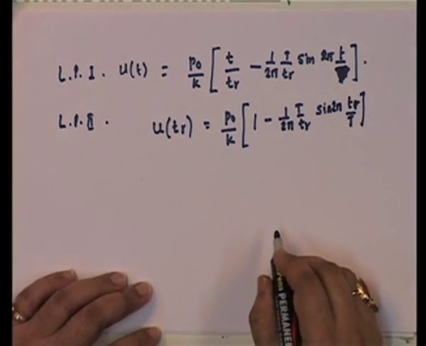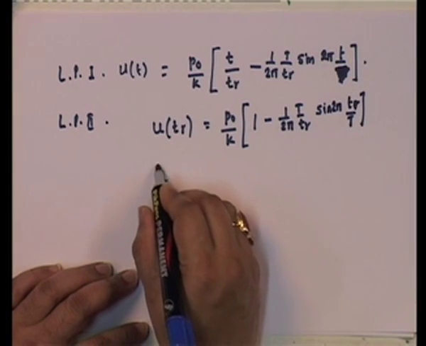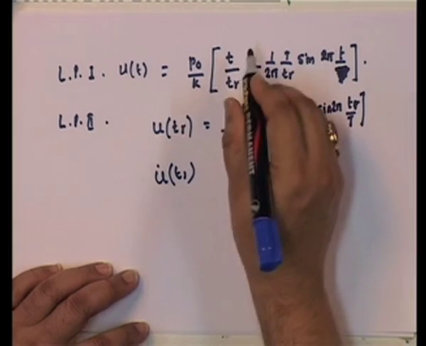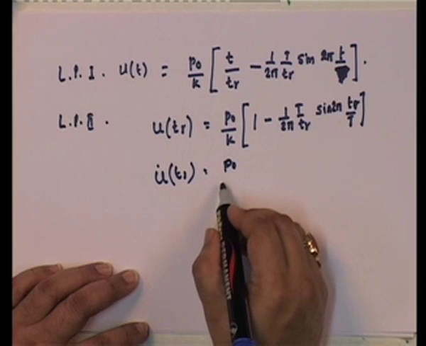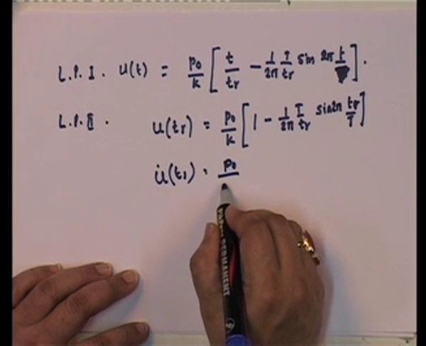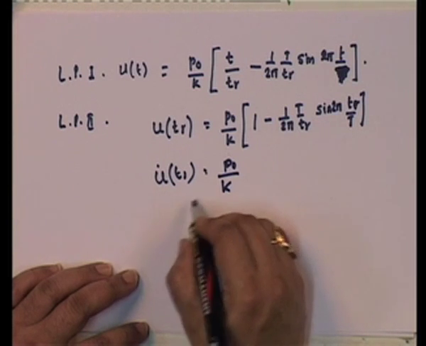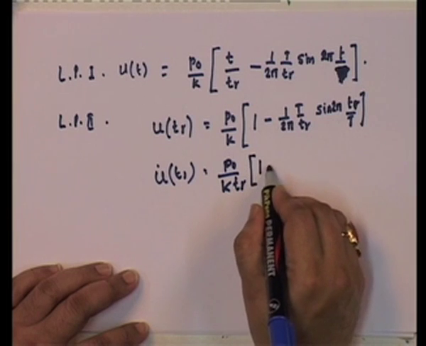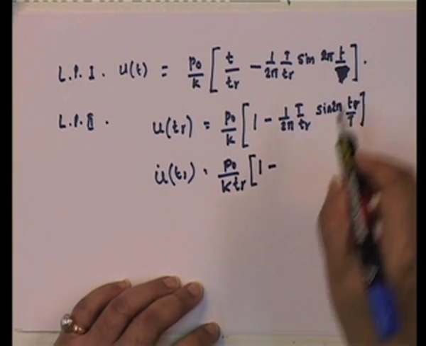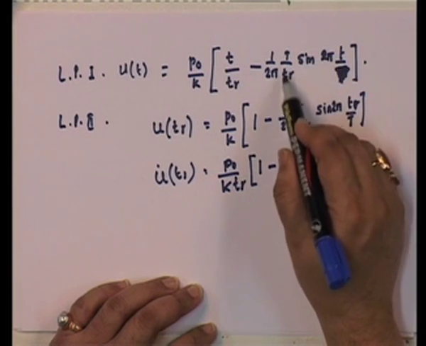Okay. So, this is what I get for my u(t_r), and similarly u̇(t_r), if I differentiate this, I get p_0 upon k, and I am going to put T_r outside. So, I get 1 minus, you see, this one becomes cosine 2 pi upon t.